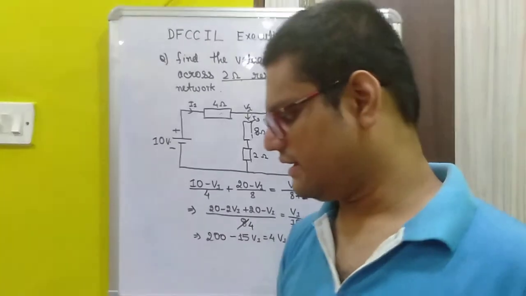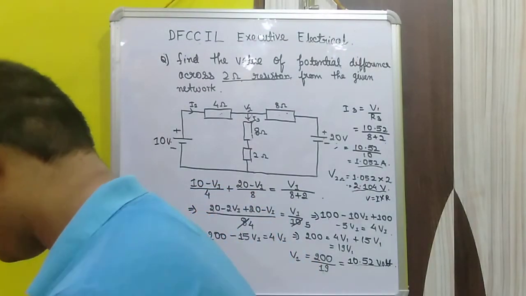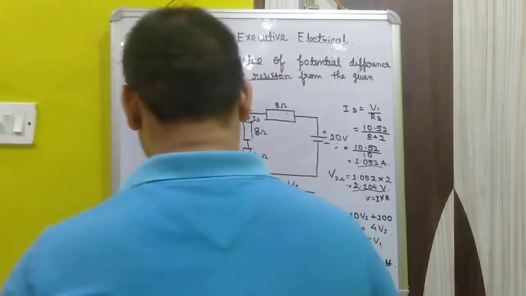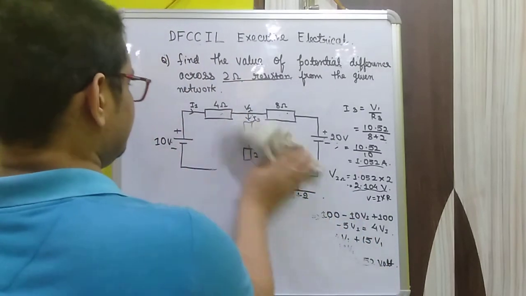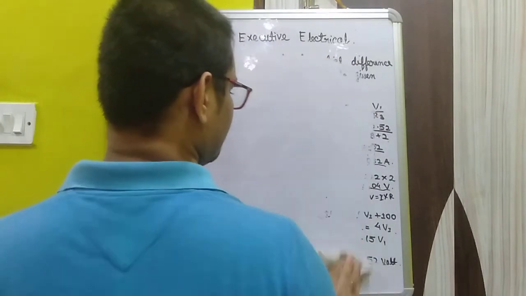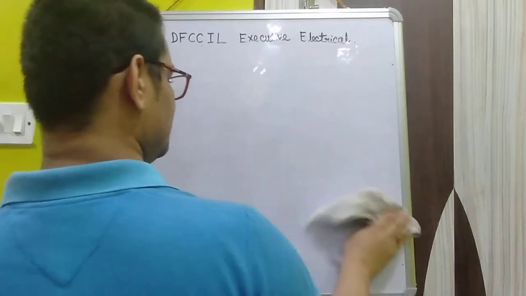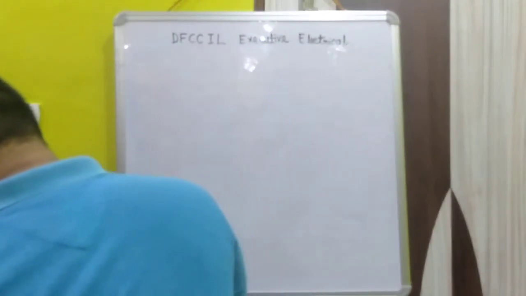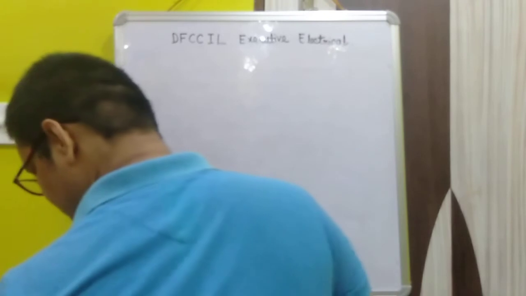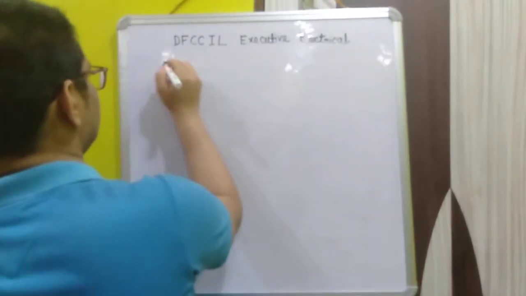Now we are going to the last question for this video. So I am going to erase this question and do the next question. In the circuit given below, find the value of I1 and I2.